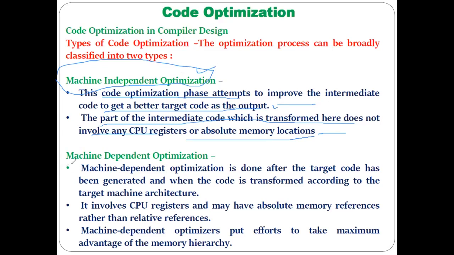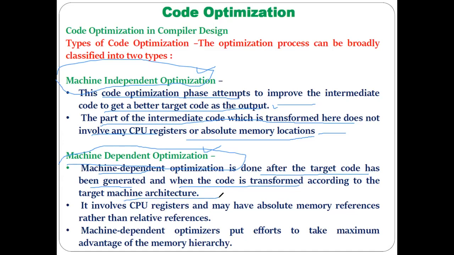The second category is machine dependent optimization, which we are going to discuss today, and one of its techniques is peephole optimization. Machine dependent optimization is generally done after the target code has been generated, when the code is transformed according to the target machine architecture.